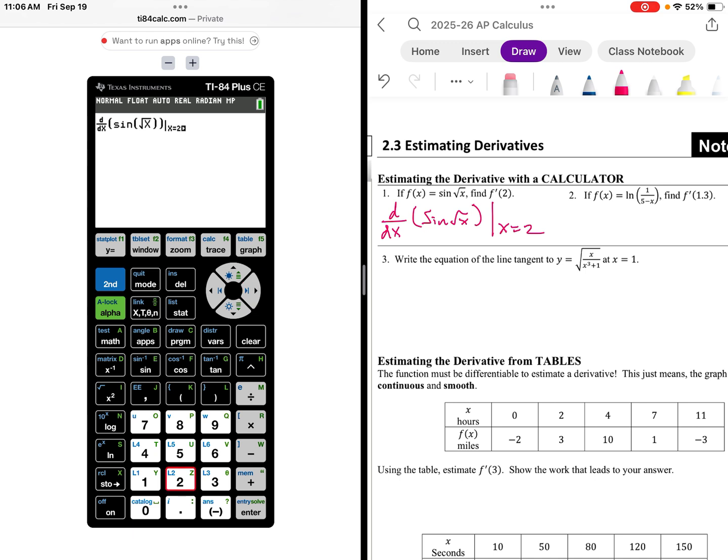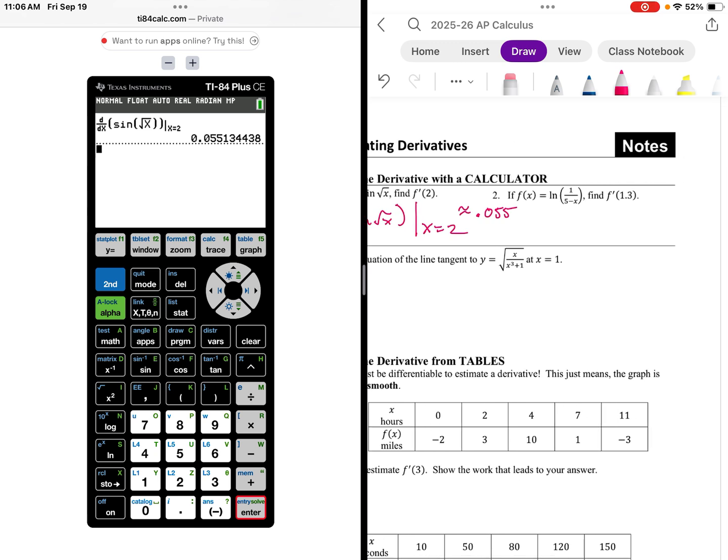Again, we'll do this by hand later on with some easier problems in another section. But with some of these nonlinear functions, like the sine function here, the calculator makes it go a little bit quicker. So when I hit enter, our answer is approximately 0.055.